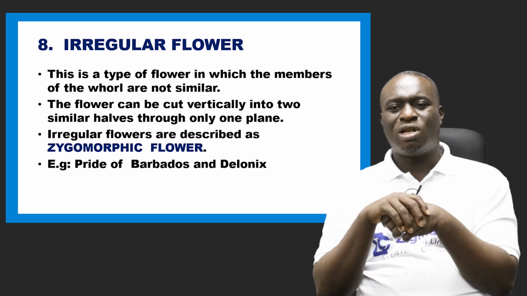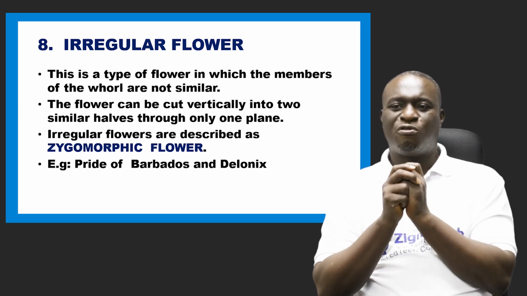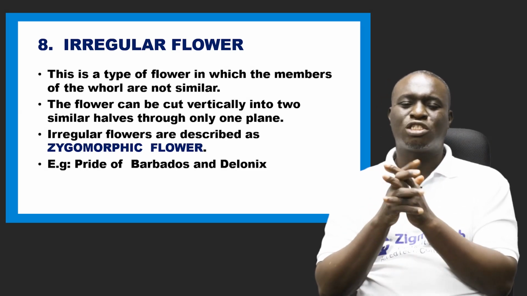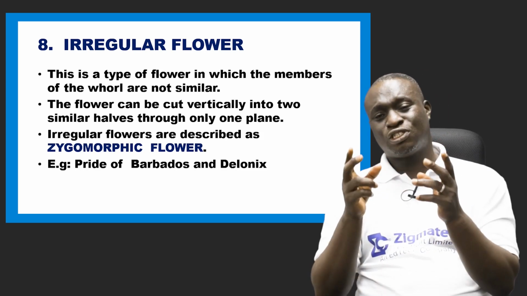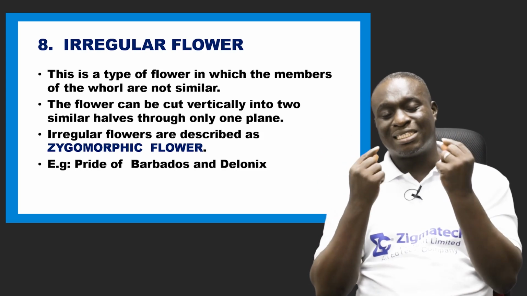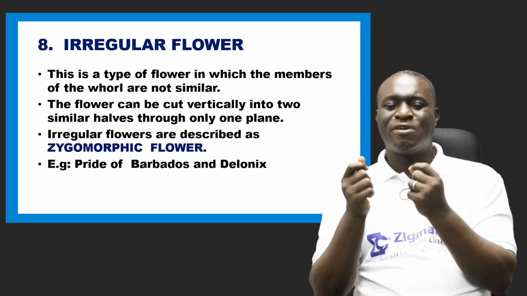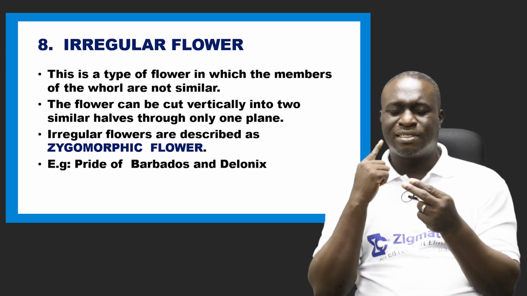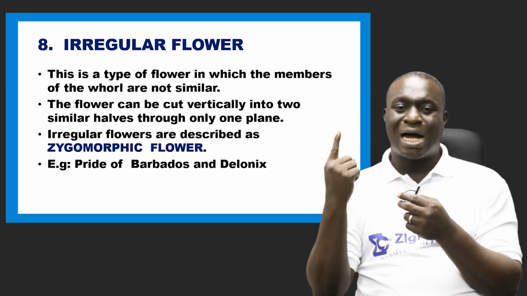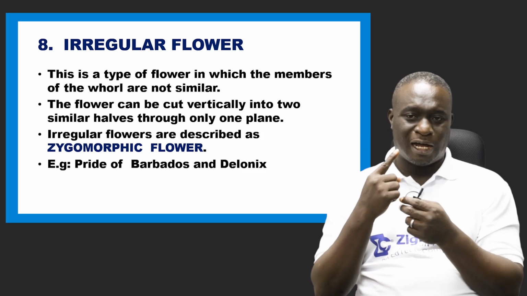An irregular flower is a type of flower in which the members of the whorl are not similar. When they are not similar, we're looking at the petals again. If the petals are not similar in shape or in size, it is referred to as an irregular flower.